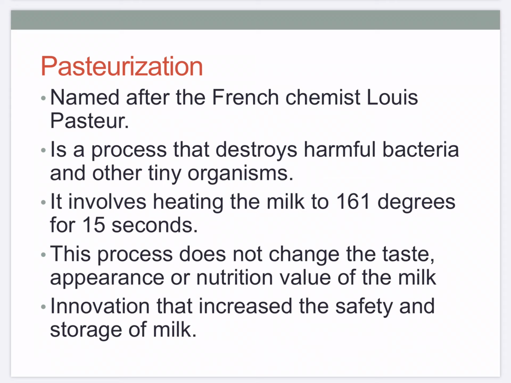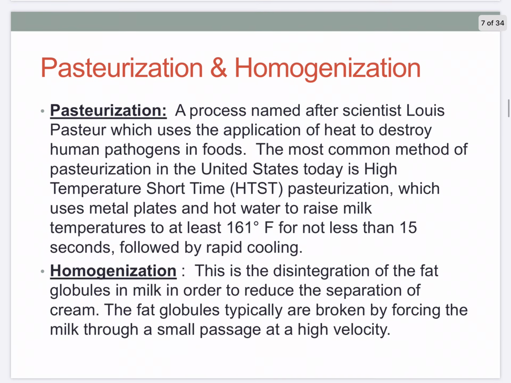It involves heating the milk to 161 degrees for 15 seconds. This process does not change the taste, appearance, or nutrition value of the milk. It is an innovation that increased the safety and storage of milk. So it was named after Louis Pasteur. Its use was to heat, to kill pathogens in food.